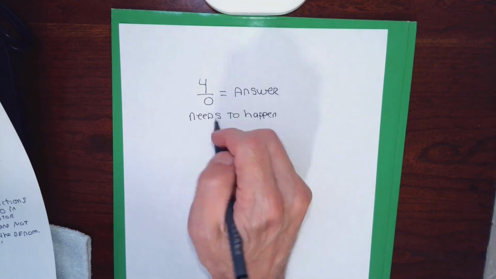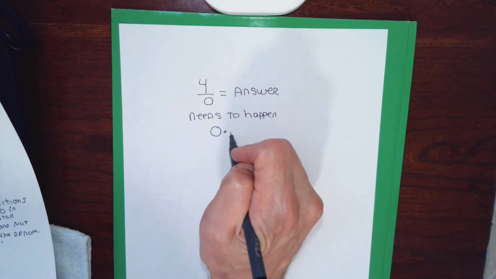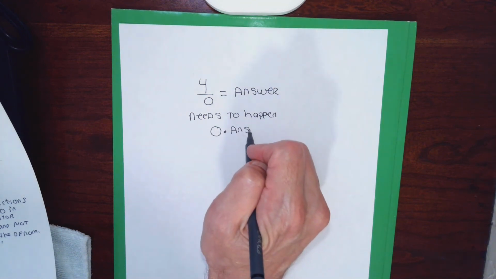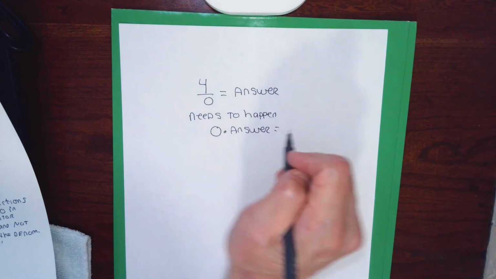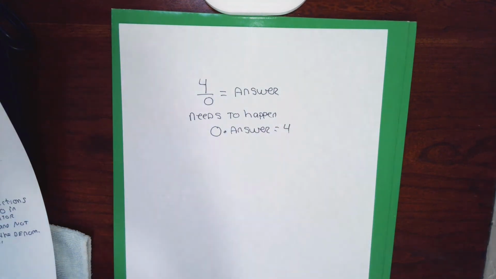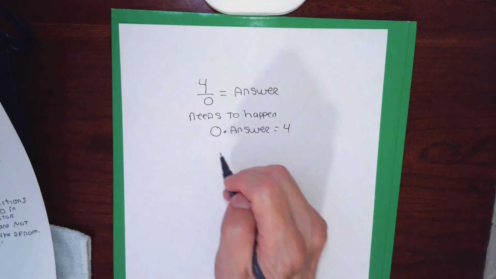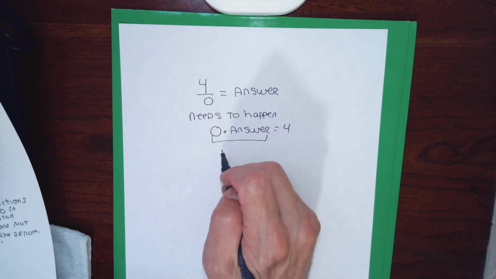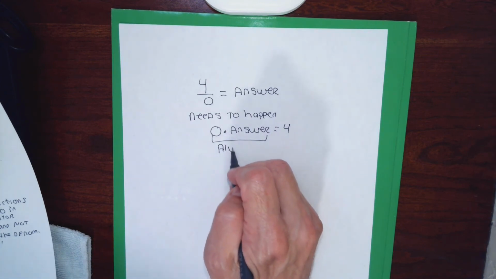And to check, I should take the denominator times the answer, and that has to equal the numerator. For any fraction, when I write an answer to what it reduces to, the denominator times the answer should equal the numerator. And I have major issues here, because this side right here is always going to be 0.